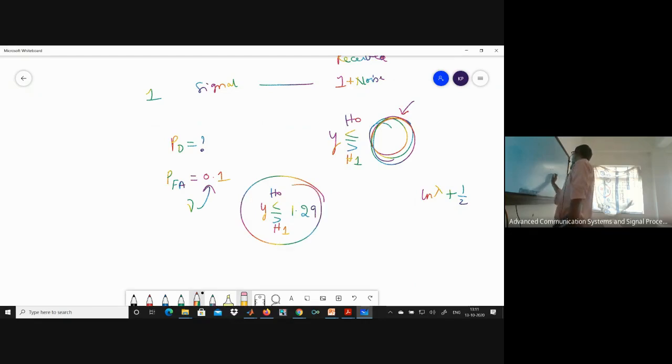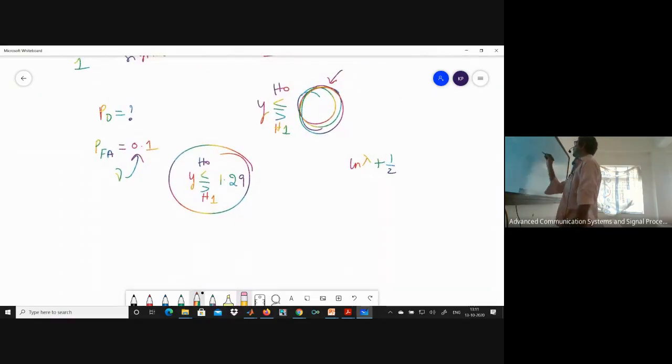Hence this is what I expect. Designing a detector means this is what the detector is. And if I follow through, the probability of detection is equal to 0.38. Yes, sir, 0.3859.